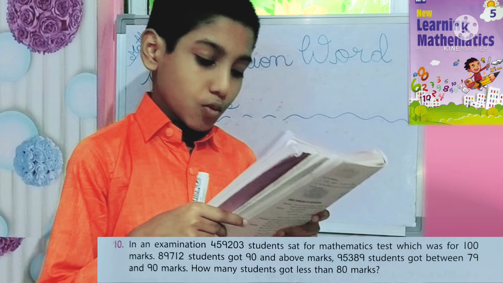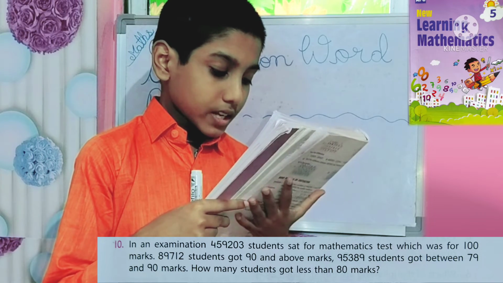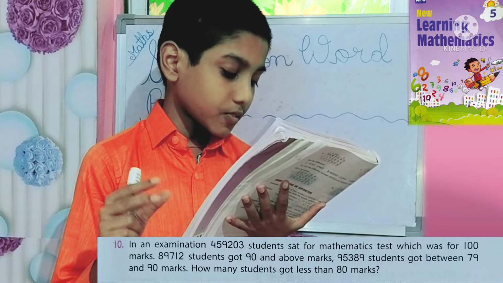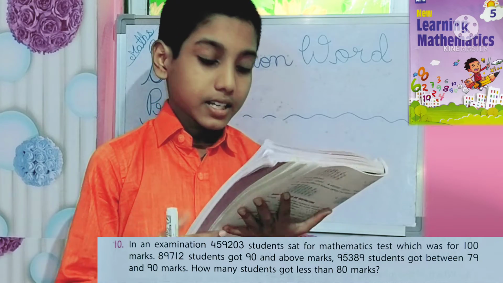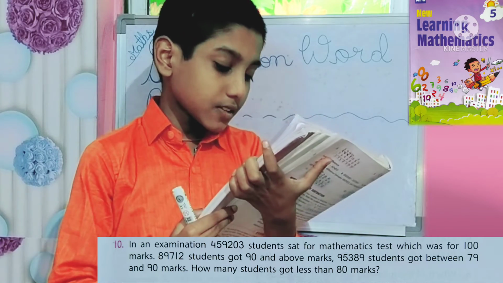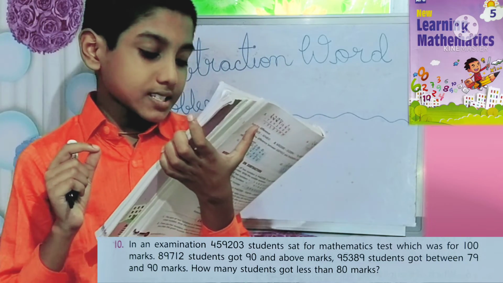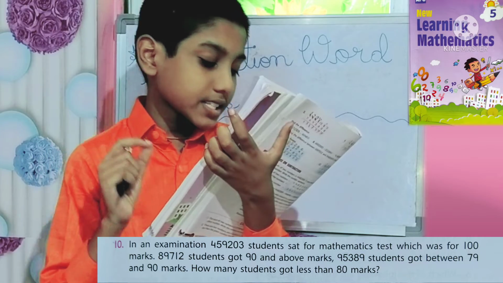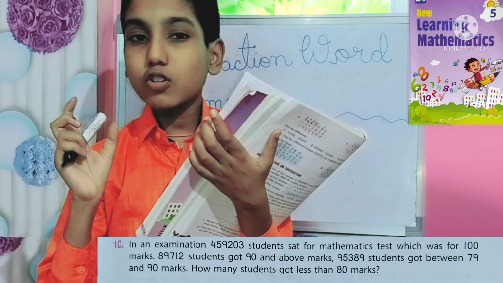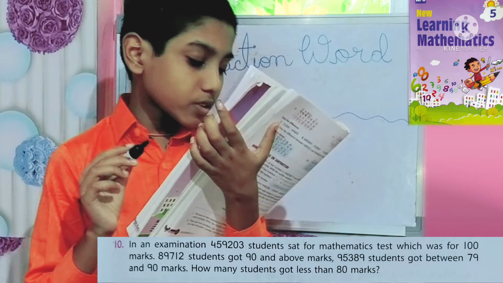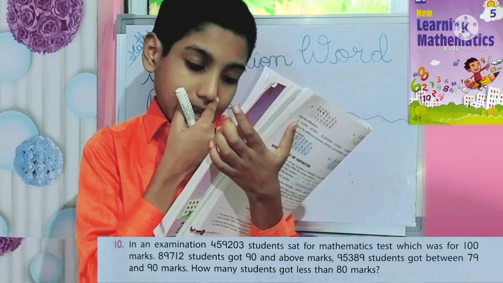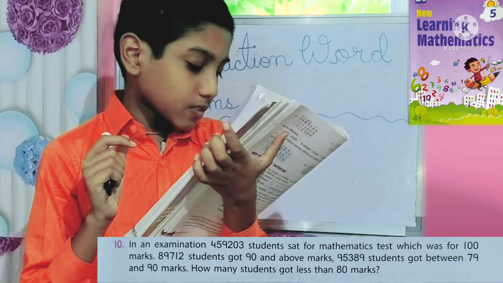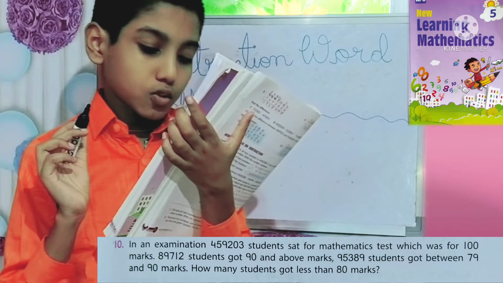First we have to add how many students got 90 and above marks and how many students got between 79 and 90 marks. So the first statement will be: number of students who sat for the mathematics test which was for 100 marks equal to 4590203. Number of students who got 90 and above marks equal to 89712.